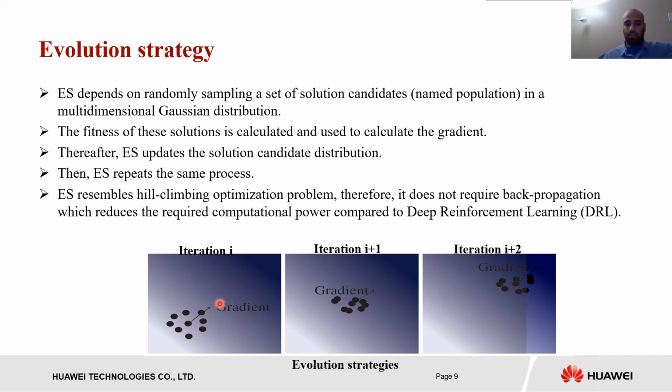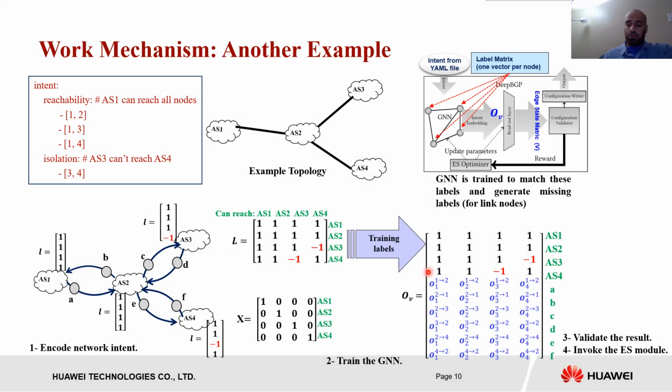Then we calculate the gradient, the direction in which we can enhance our reward, our fitness, and then we recalculate the parameters of the new distribution of solutions, and we again generate a random sample from this new distribution. We keep doing this until we reach the optimal solution.